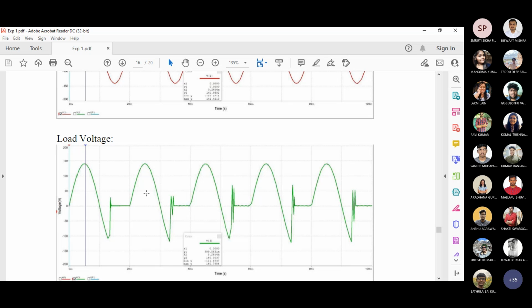This basic simulation will be there, but I have asked for 3 tables each for RL load and RLE load. For RL load, the first table is the variation of your inductor: how the waveforms are changing and what their average voltage is. Then fix one inductor value and vary the resistance value.